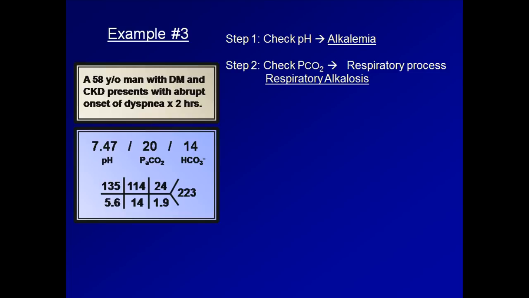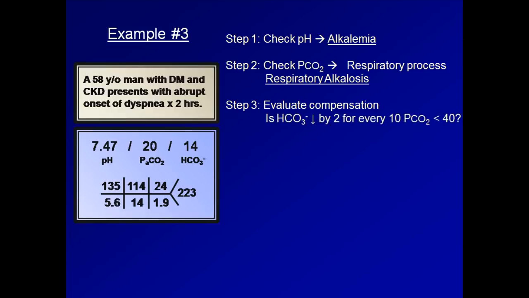Next, evaluate compensation. The vignette strongly implies that the process is acute. Therefore, from our last lecture on compensation, we know that in acute respiratory alkalosis, the bicarb should be decreased by 2 milliequivalents per liter for every 10 millimeters of mercury the PCO2 is below 40. With a PCO2 of 20, we would expect the measured bicarb to be 20.